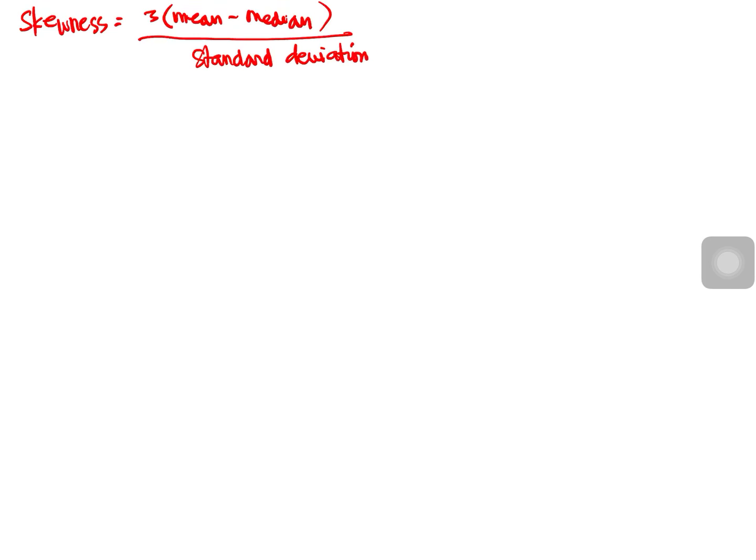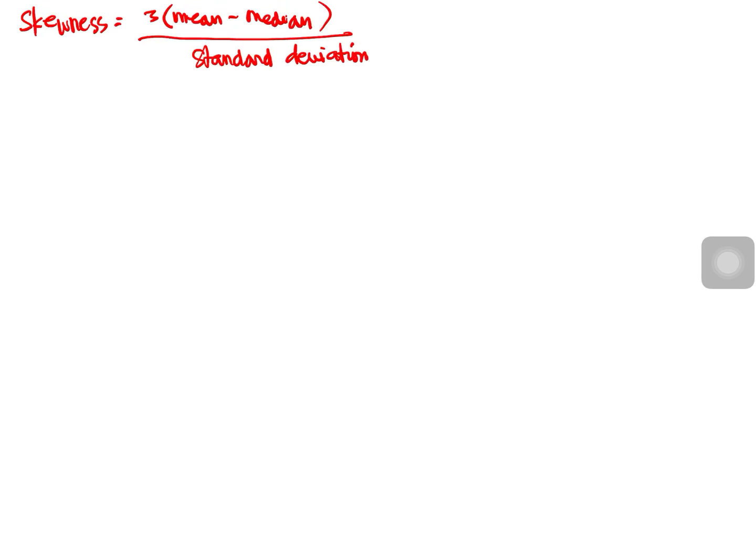Okay, so skewness is used to determine the normality of the data. If skewness is 0, that means there is no variation, or it is at the center. So if it's 0, then the data is said to be normal.